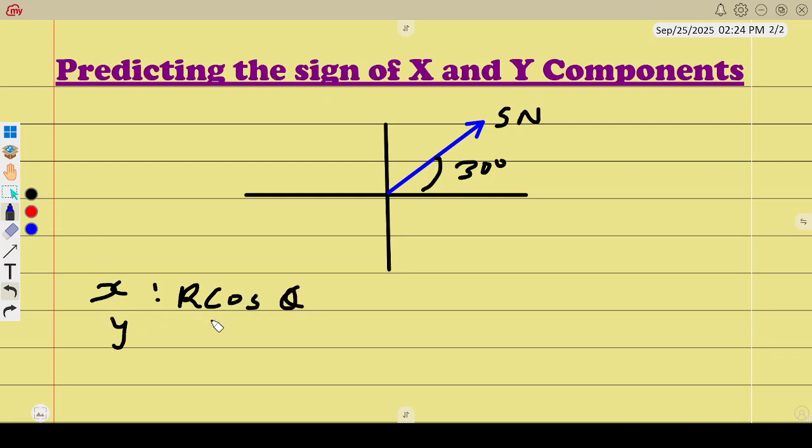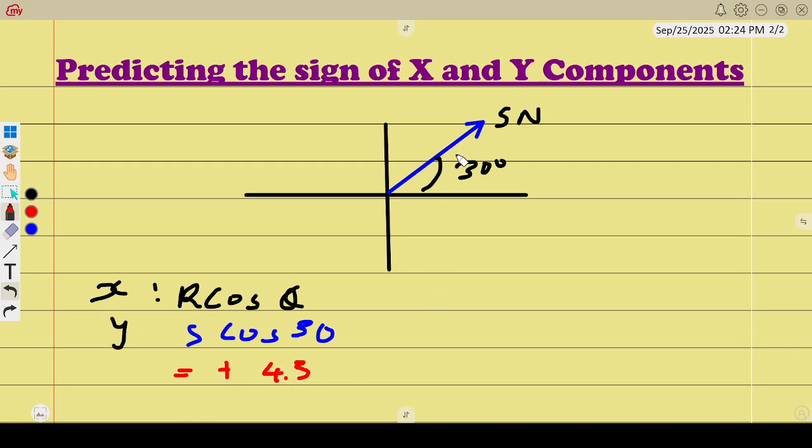So this will be r cos 30. As you are calculating, sometimes you are going to be so fast, but the trick I want to show you is that you can know the answer is going to be positive. When you plug that into your calculator, you find positive 4.3.